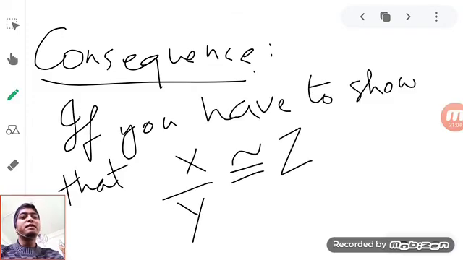If you have to show that X by Y is isomorphic to Z when dealing with groups, remember usually you used to do it in 4 stages, right? But now because we have this theorem, we can actually do it in a simpler way by using the theorem.